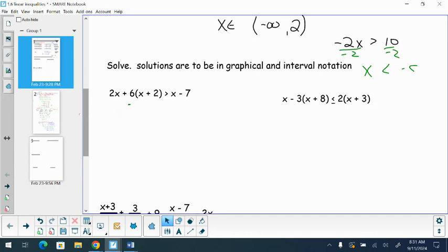You want to isolate the variable. With our linears here, all your solutions should be unbounded. So you're just going to have an endpoint, and you're going to go either towards positive infinity or negative infinity, and that's where your graph helps you out a little bit.